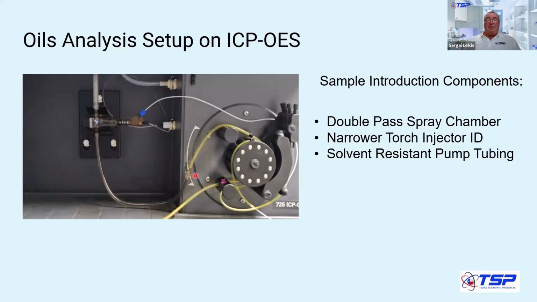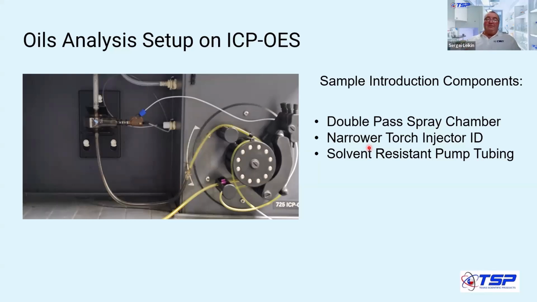The other thing special about running oils or any organics is you need to use a narrow injector, torch injector ID, because when samples are diluted in solvent, even in a basic solvent, not a very volatile one like xylene or toluene.